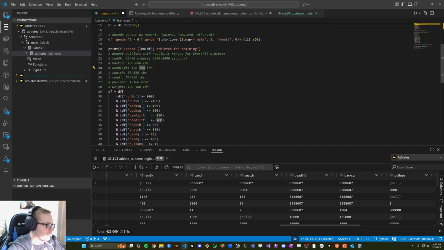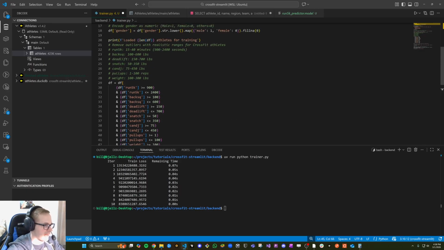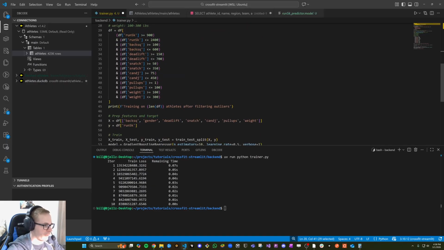There definitely are people that do over 700 pounds, but not many. I'm also going to put in this print statement because I'm interested in seeing how many athletes we filter. So I've got the length of the athletes up here, and then after filtering outliers, we'll see what it is down there. And we'll see how that affects our training as well.